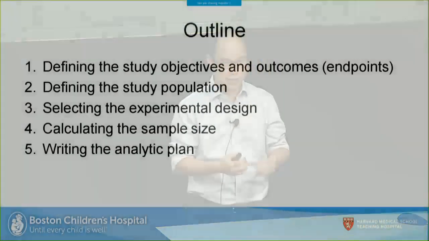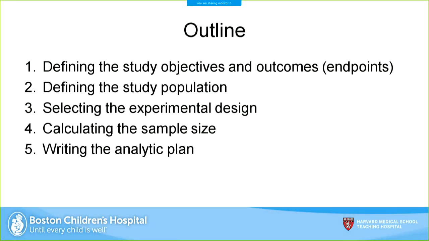So in general, I would say there would be 5 steps that you want to consider when trying to design a study. First, you want to think about your study objectives and your endpoints, the measurements that you're going to be making. We want to be careful in defining our study population.